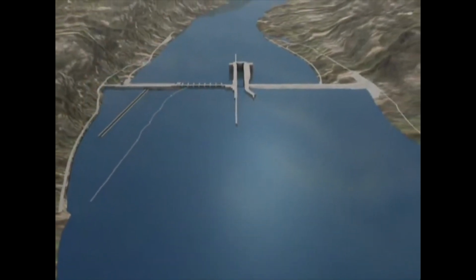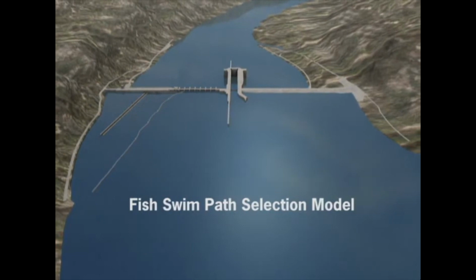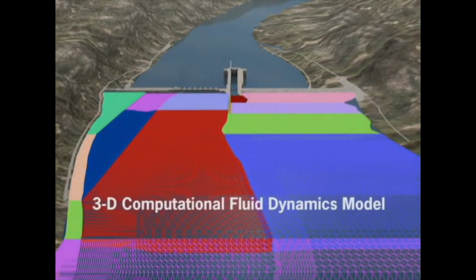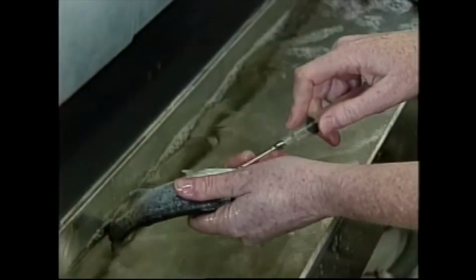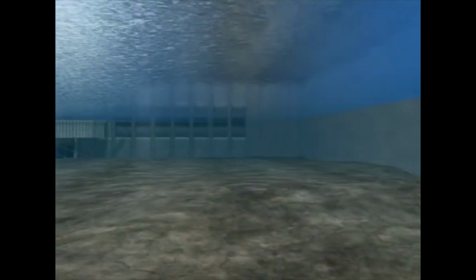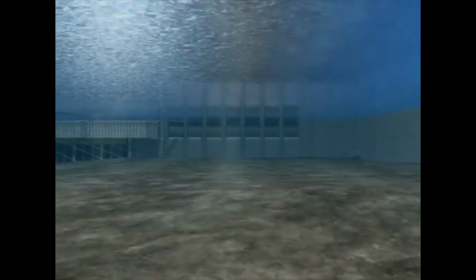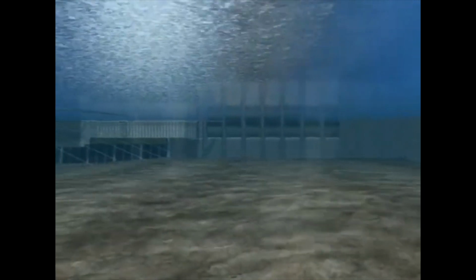At Lower Granite Dam, the technology couples a sophisticated fish swim path selection model to a 3D computational fluid dynamics model. Complex movement behavior patterns of electronically tagged individual juvenile salmon are translated into a mathematical description of behavior. The numerical fish surrogate technology allows design engineers to forecast the impact of future structures and dam operations on the movement and passage response of juvenile salmon in a virtual reality environment.